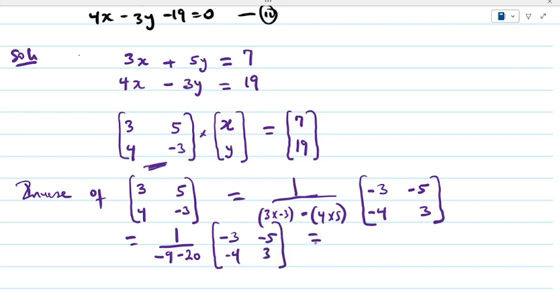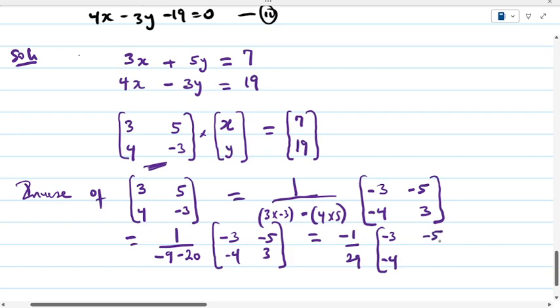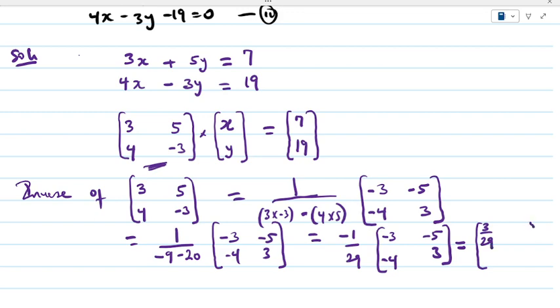And then lastly, I'm going to have minus 1 over 29 into the bracket minus 3, minus 5, minus 4, and 3. Opening the bracket, that will be 3 over 29, 5 over 29, 4 over 29, and minus 3 over 29. So that gives me the inverse of that particular coefficient matrix.